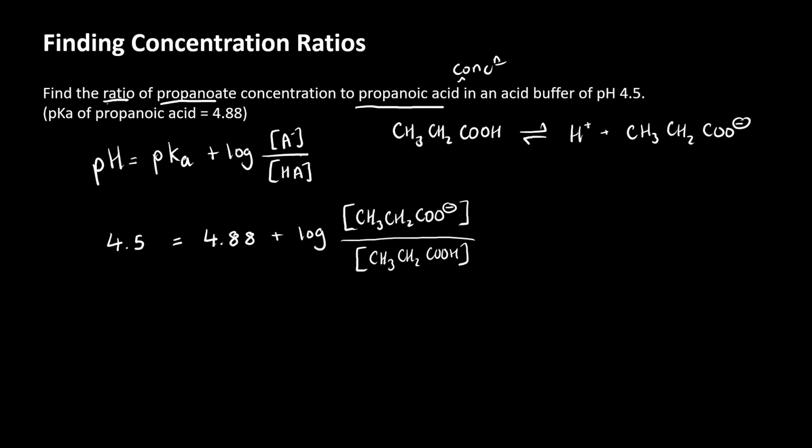And I've just got to rearrange this equation slightly. So I take away 4.88, so I'm going to do 4.5 take away 4.88. I'm going to have minus 0.38 on this side, and I've still got the log on this side.